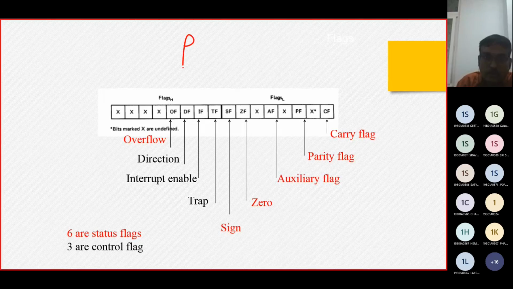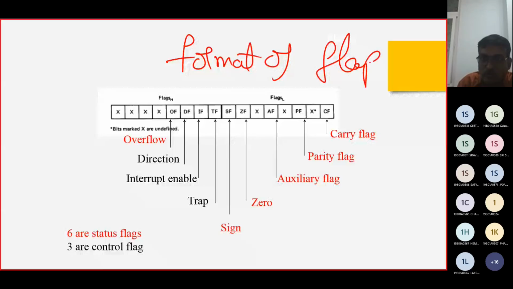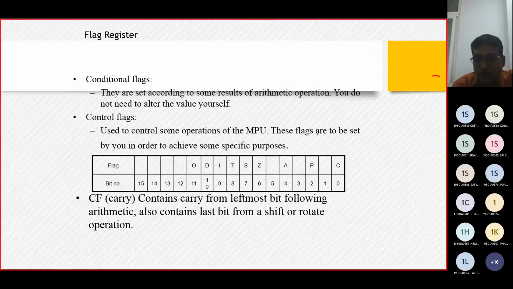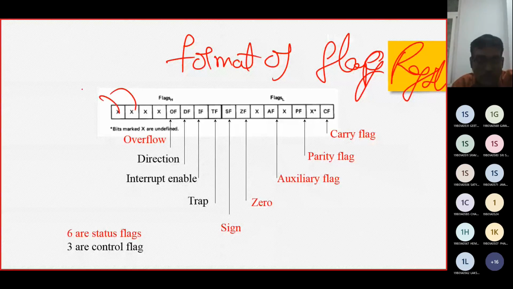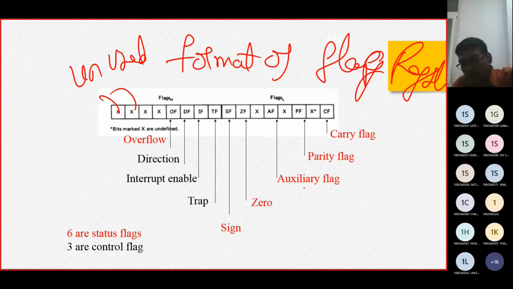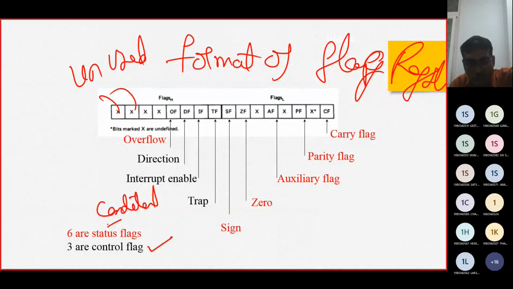So this is the format of flag register. So in this we have discussed about the format of flag registers. The cross marks we call it as unused, and the flags we have already discussed. There are 3 control flags, 3 conditional flags. So conditional flags or status flags are same.